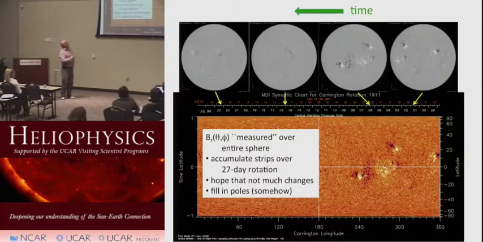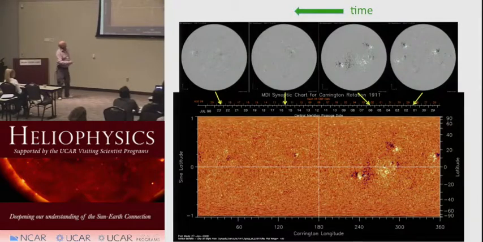So if I make one of these maps where I take the solar magnetic field and I unroll it, so I have the magnetic field from the entire sphere unrolled, and here you see 360 degrees of longitude, 180 degrees of latitude. It's done actually, so this is sine of the latitude, cosine of the polar angle. Nice map like this.